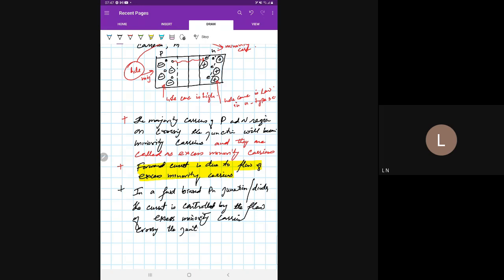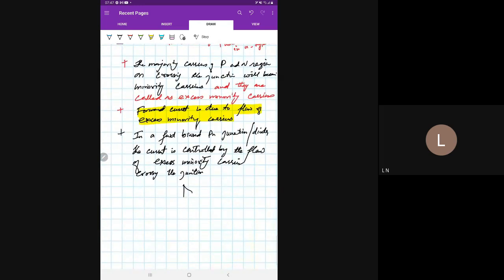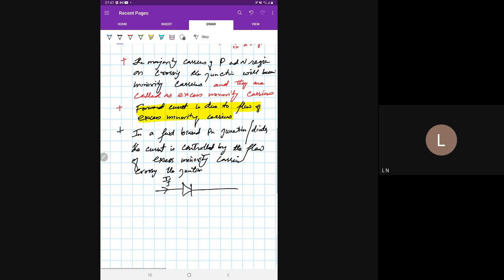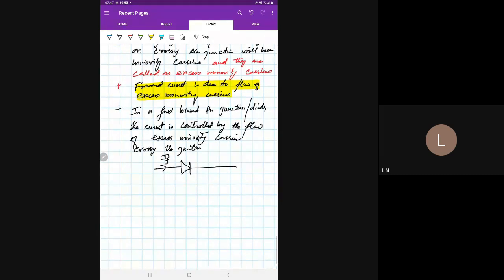So we can say then if we have a diode and the diode is forward biased, the current that will flow through the diode is known as forward current, I of F. We can say then in a forward biased diode, the forward current is controlled by the flow of excess minority carriers crossing the junction. That is how many excess minority carriers will cross the junction, accordingly the current will be established in the diode.